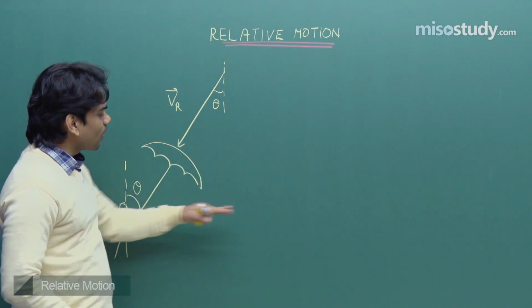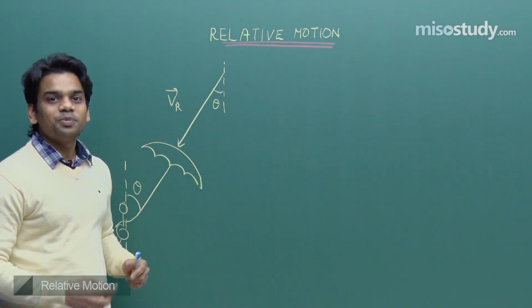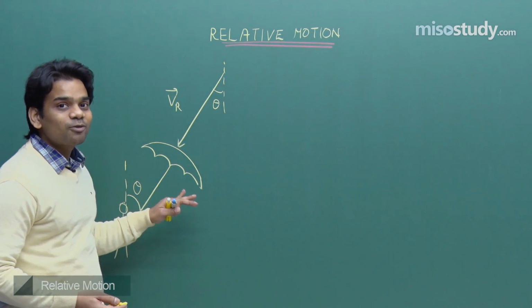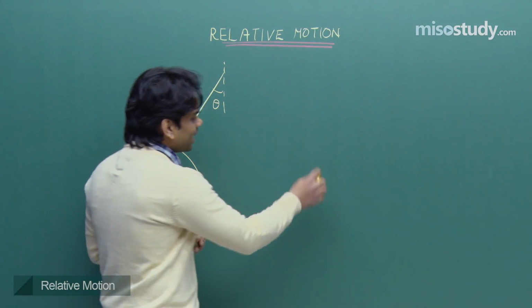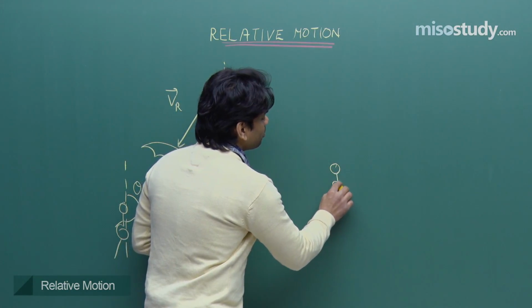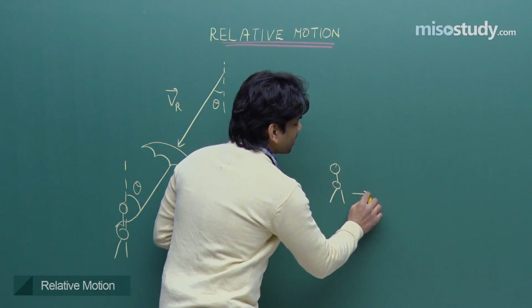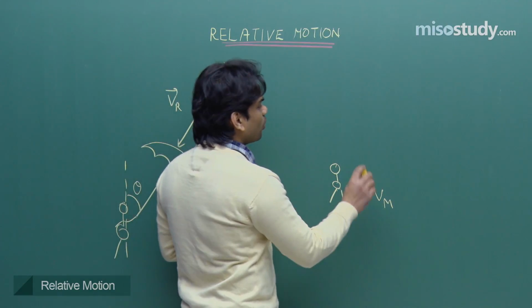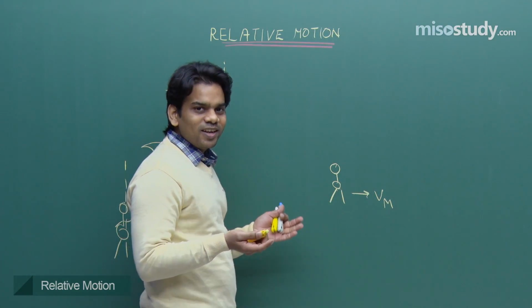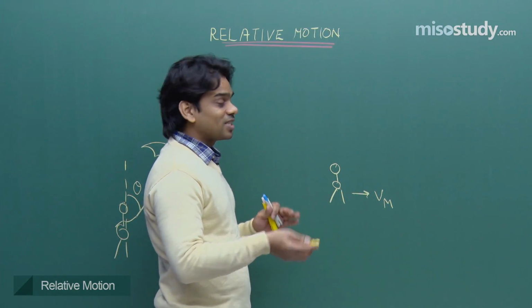Now suppose you are running or walking with some speed, you do not have to hold the umbrella in the same direction. Let's say you started moving with some velocity Vm, that is the velocity of man. You will not feel that the rain is falling at the same angle.